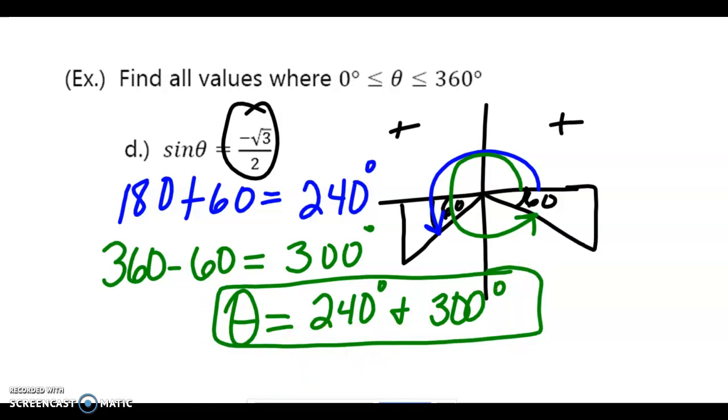Okay, so let's process that again. The first thing we did was we identified which quadrants the sine function had a negative value in. And we determined it was quadrant 3 and 4. Then we looked on our chart from section 6.2 to see which angle has a sine that is radical 3 over 2.